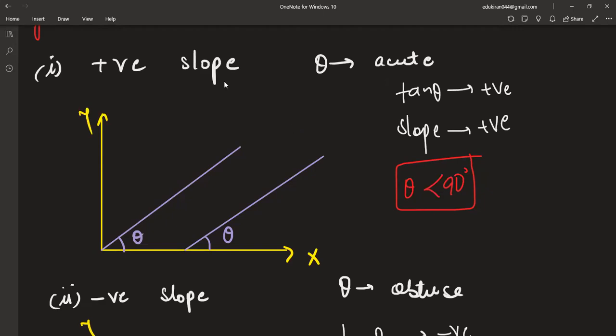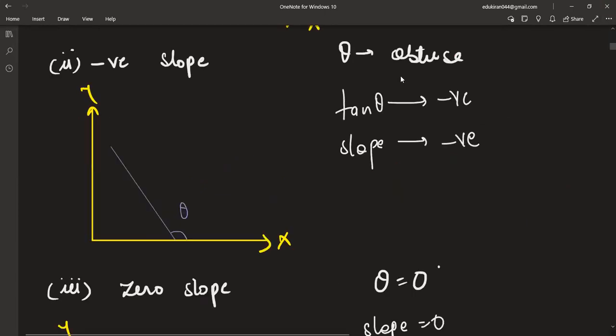Whenever theta is acute, tan theta becomes positive; tan 30 degrees, tan 25 degrees, all these are positive. Since slope is equal to tan theta, if tan theta is positive, slope also becomes positive. This type of graph is a straight line, but the slope we obtain is called a positive slope.